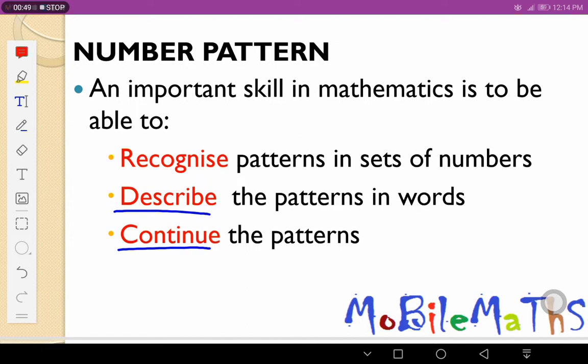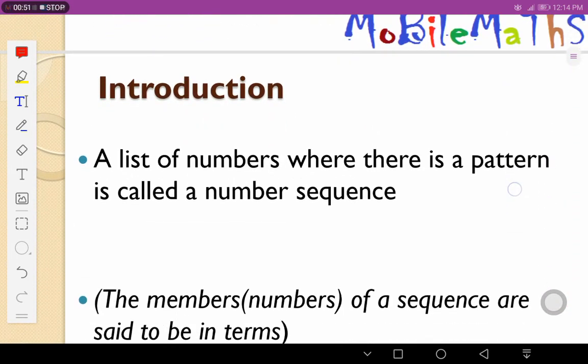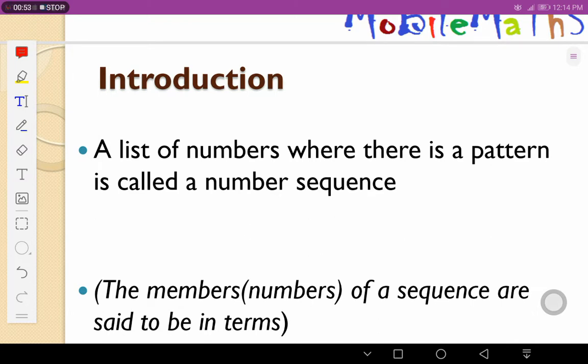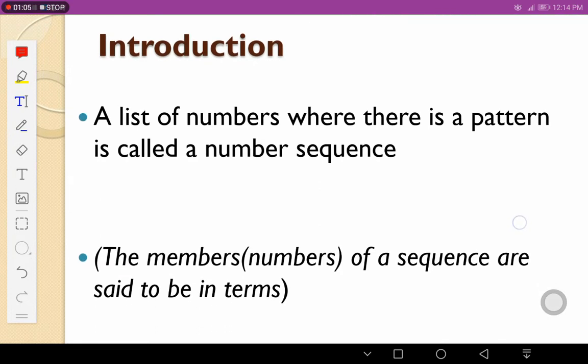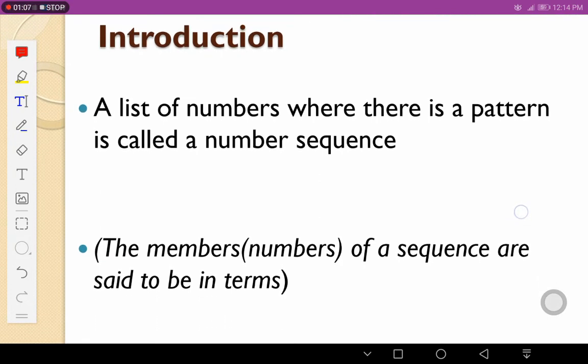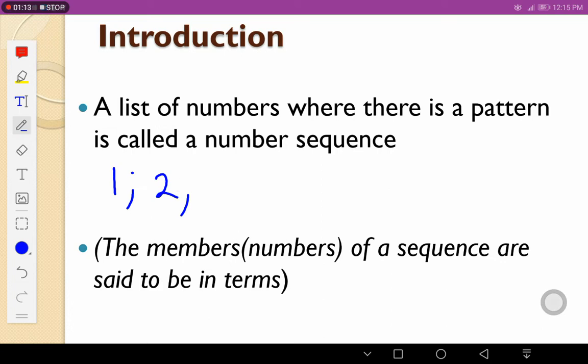Then now, we have got a list of numbers. When we have a list of numbers, we call that a pattern. And that pattern, we can also call it a number sequence. I can have an example of 1, 2, 3, 4, and so on, going on and on.